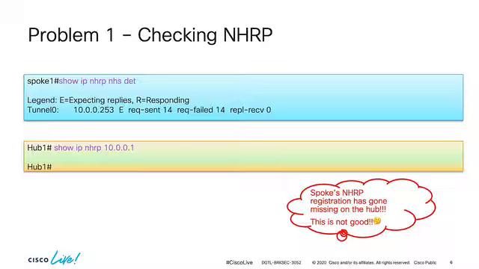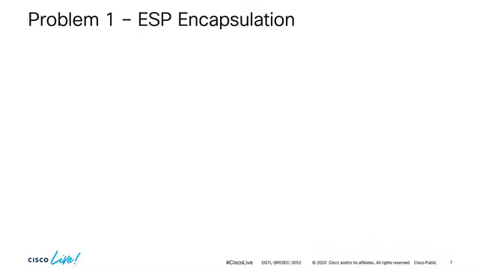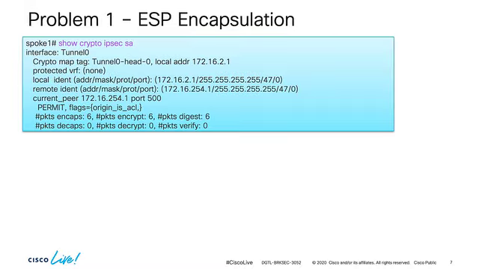Whenever you run into an issue like this, it's always a good idea to go back to the ESP, the IPsec SAs, and make sure that we are seeing the packets encrypted and the packets decrypted, that the particular counter's value is going up. In this case, when we run this command on spoke 1, we are seeing packet encaps, but we are not seeing packet decaps at all.